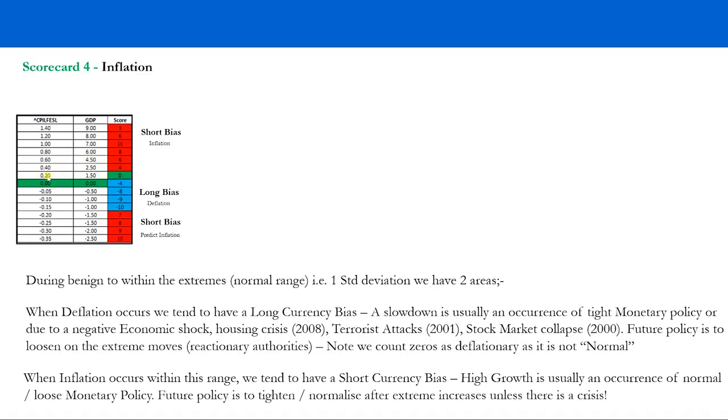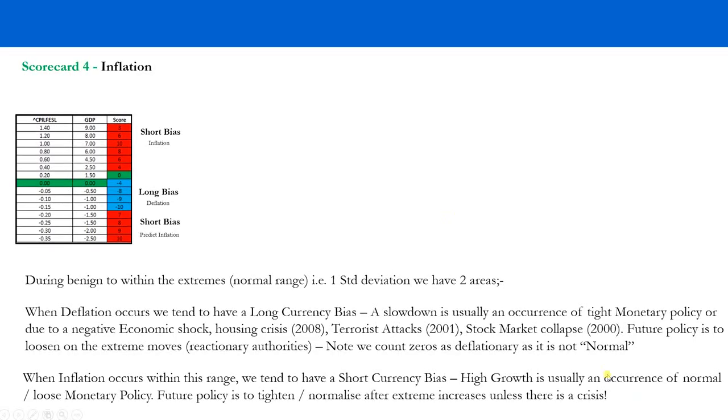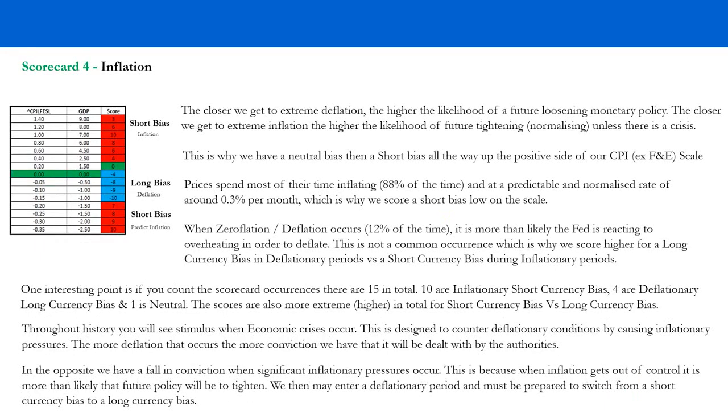For the 0.2 scoring, we assign a 0, and for the 0.4 scoring, we assign a low conviction short bias. So we score a 4 here. So let's try to cement our understanding here in a lot more detail.